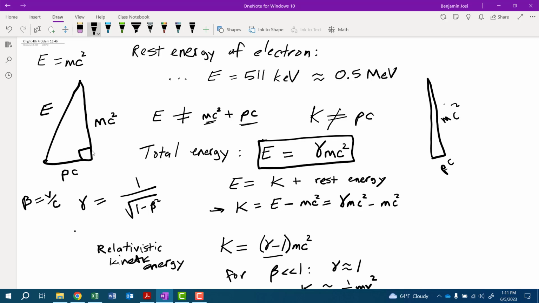That particle's not going very fast. Its rest energy is much greater than Pc. You could probably get away with using 1/2 mv squared. But a relativistic particle would look something like this, right? When Pc is greater than or equal to, or even like 1/2 of mc squared, certainly here we would need to use relativistic mechanics.